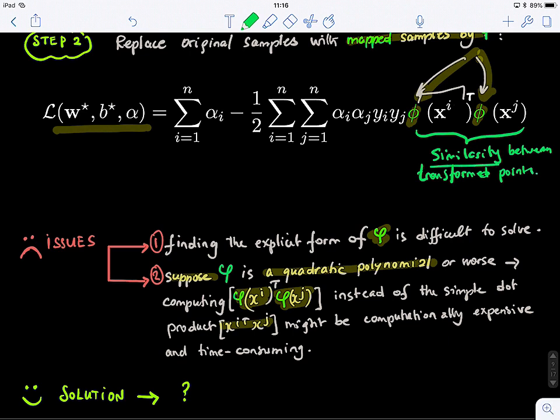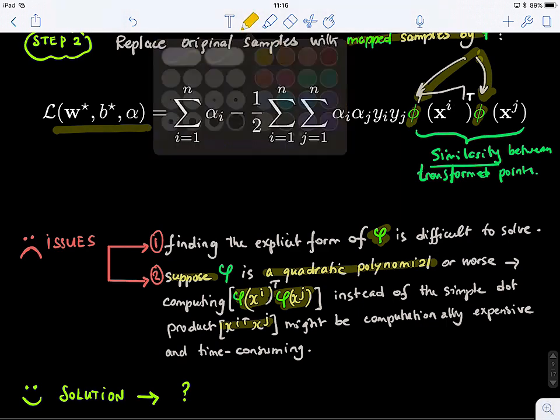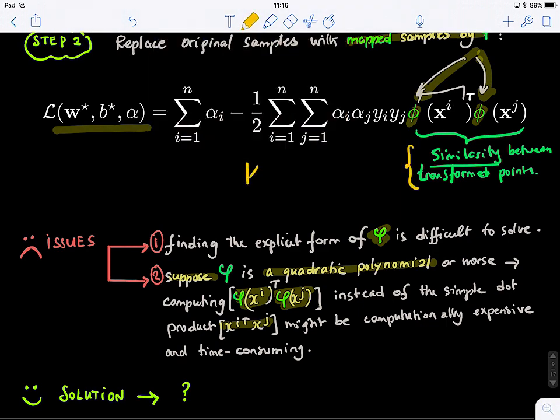We don't need to find the explicit form of phi. And this was the genius idea of defining what we call a kernel function, or a similarity function, to which you give your samples, xi and xj, and it computes how similar they are.